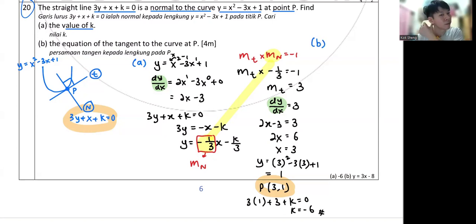So I think after you find part A, you have your point P, you have the gradient of the normal and tangent, you've got everything. So part B is very, very easy. Equation of tangent to the curve at point P. Now you're getting this line.